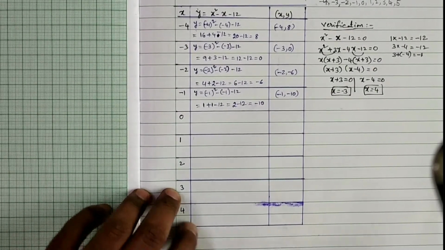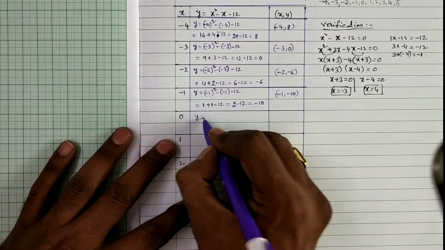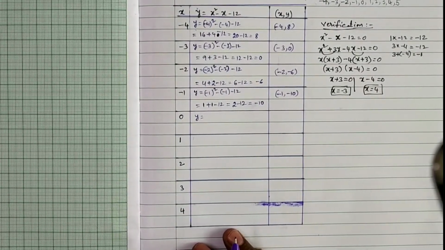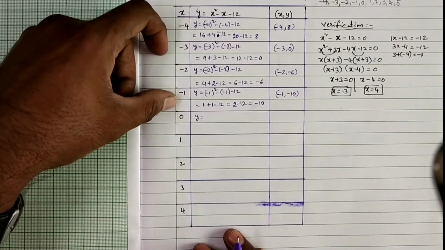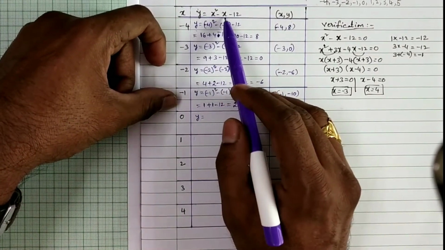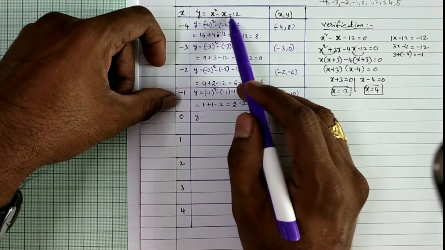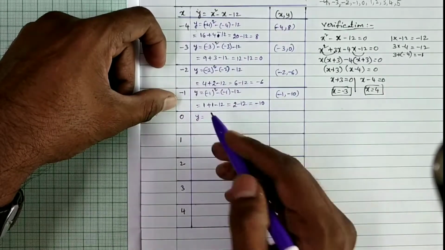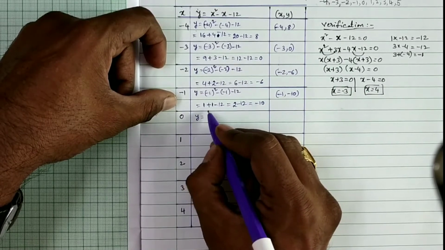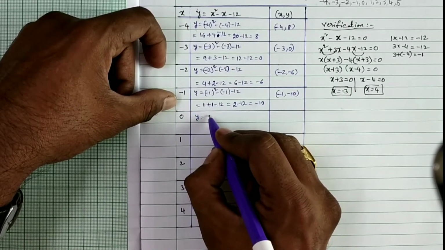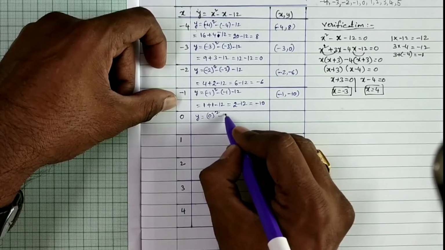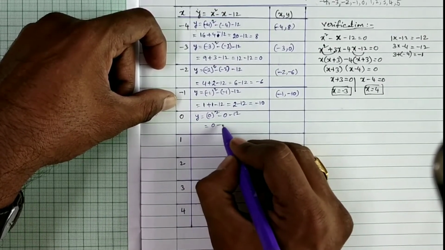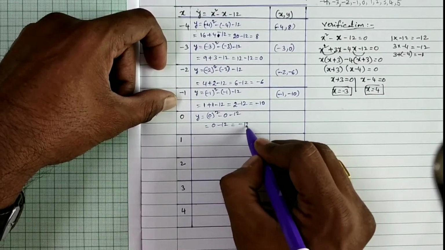Next substitute 0. We can write the y value without substituting 0. In the place of x we substitute 0, then we will get the constant term only. So the y value is minus 12. But you can substitute and verify. 0 square minus 0 minus 12. 0 minus 0, 0. 0 minus 12, that is equals to minus 12.